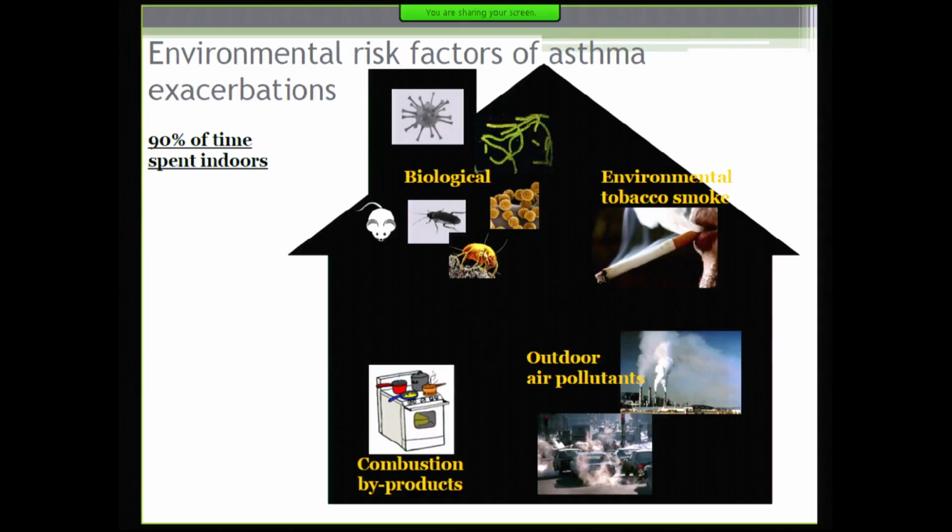Then there's a large category of biological exposures: allergens, such as dust mite, cockroach, and mouse; pollen that comes in from the outdoors; fungi that could come in from outdoors or grow on building materials and get into the air; and viruses, which would come from humans living in the home. All of these can be risk factors for asthma exacerbations. Next slide.